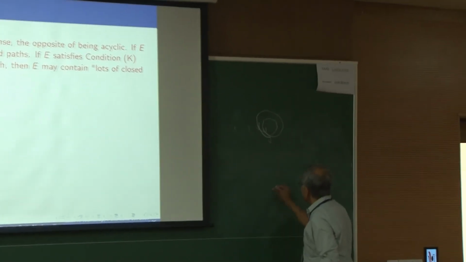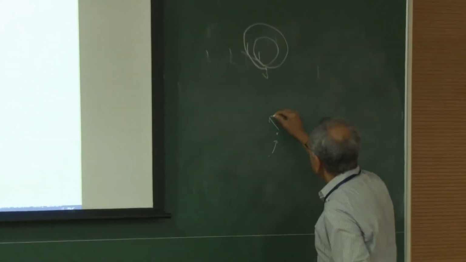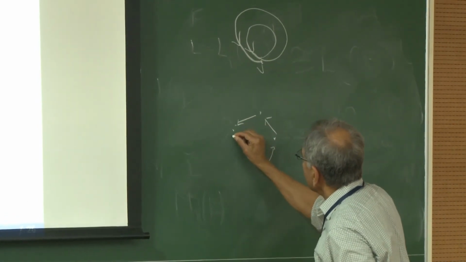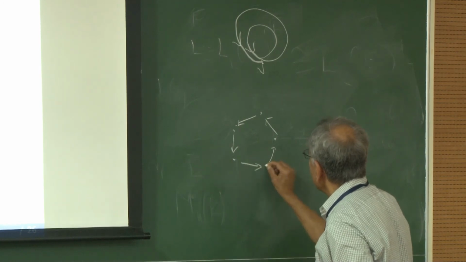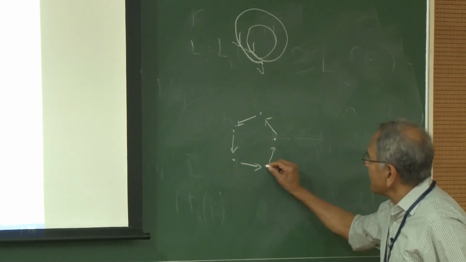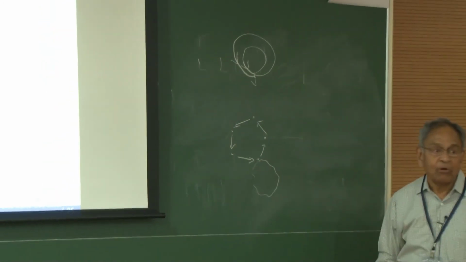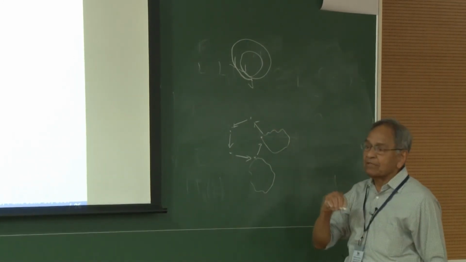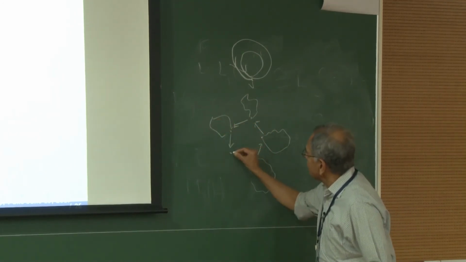Suppose I have a cycle here. Condition K says that a vertex on this cycle must also lie on one more different cycle. So for every one of these vertices, there must be more cycles.